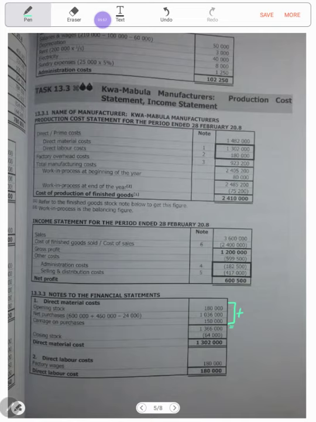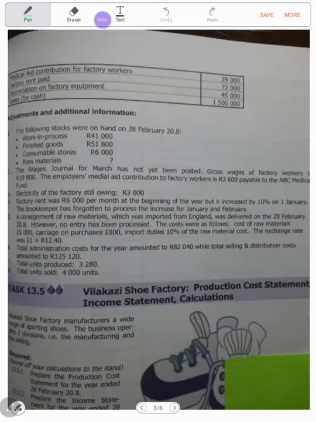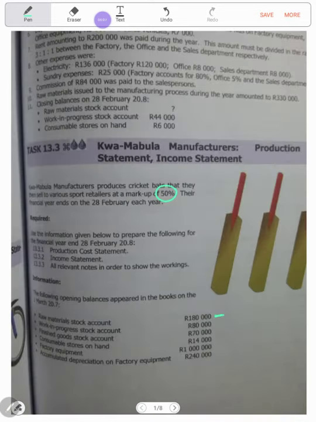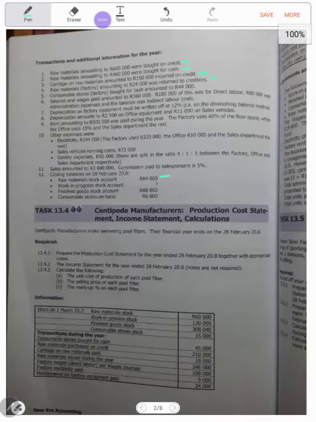Moving back to the last little raw material note that we had. Remember, we have our 180,000, we have the 600, we have the 460, we've taken carriage on purchases into account, and we also subtracted from net purchases the 24,000.